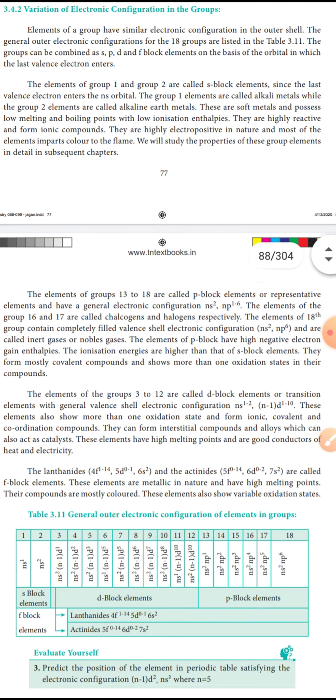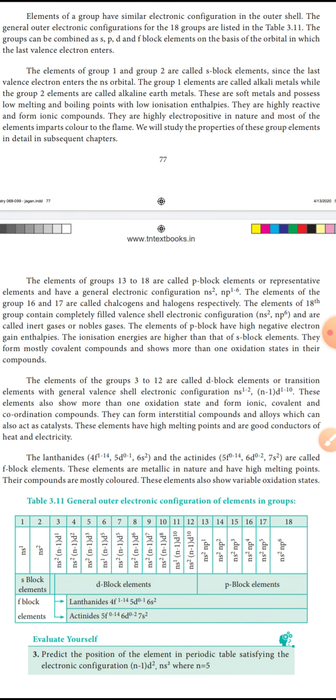The elements of groups 13 to 18 are called p-block elements or representative elements. The general electronic configuration is ns2 np1 to 6. The elements of group 16 and 17 are called chalcogens and halogens respectively.